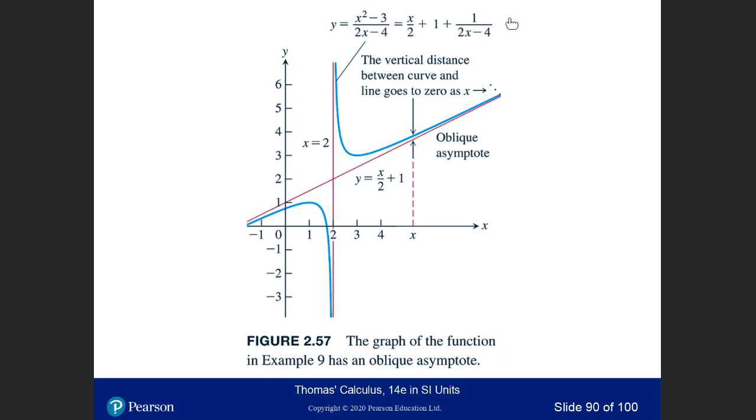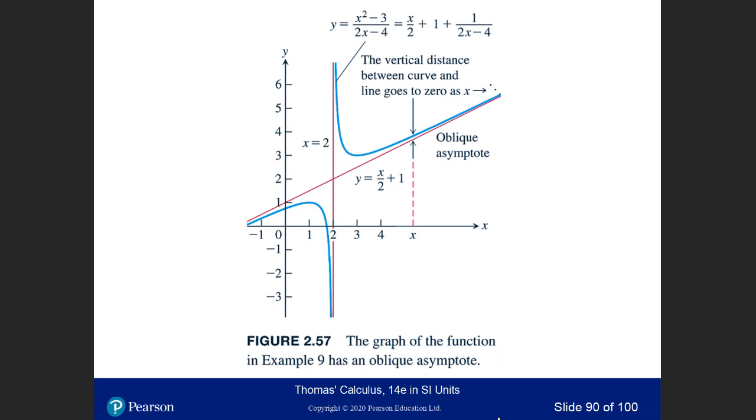So it depends on the value of this function, whether it's positive or negative. If positive, you're adding, so your function value is greater than the value on the asymptote. If it's negative, you're subtracting, and your function value is less than the value on this asymptote.